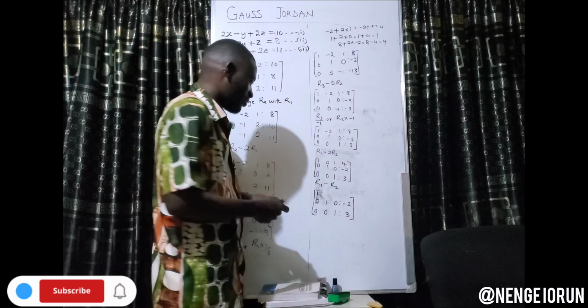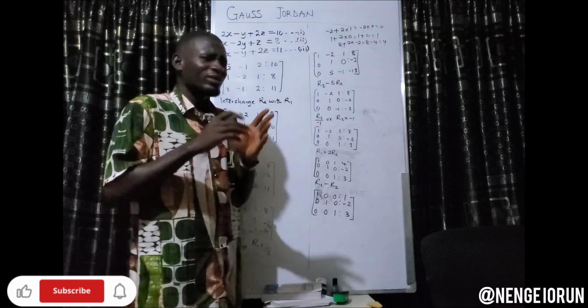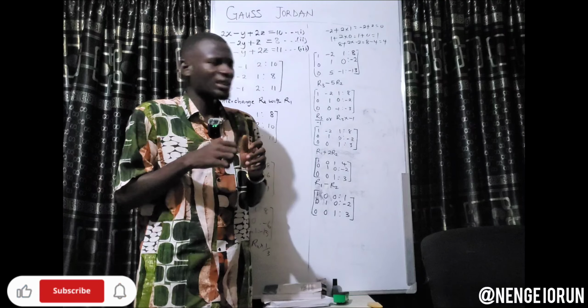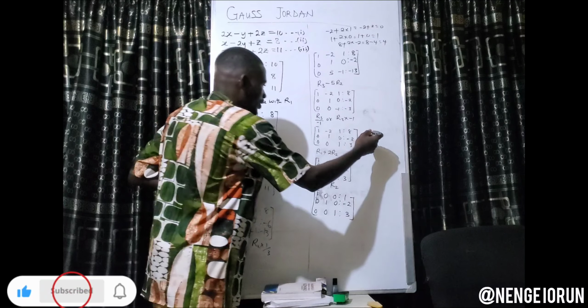Using Gauss-Jordan, the moment you have all the elements on the major diagonal as 1, 1, 1, and all the elements below the major diagonal as 0, 0, 0, and above are 0, 0, 0, you stop. So just get the differences. For the Gaussian elimination method, you stop here.